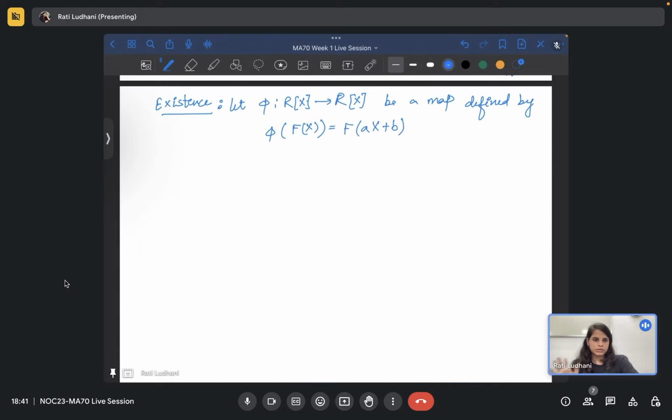So a and b are fixed from the beginning. This is true for all f(x) belonging to R[x].